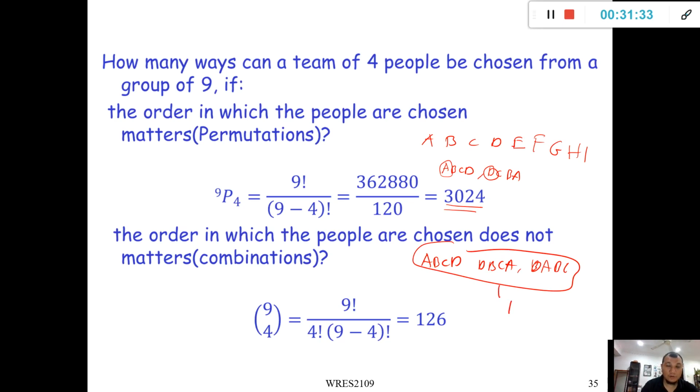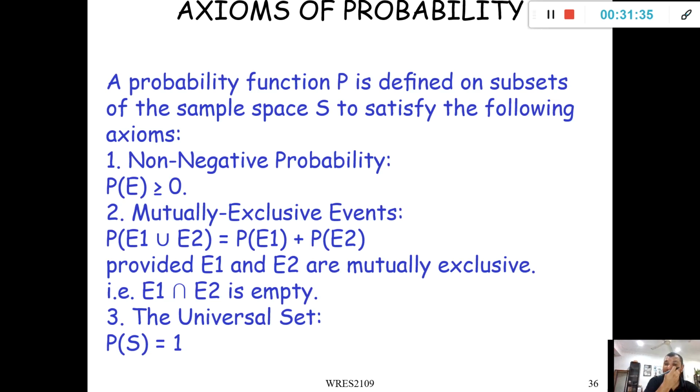Just to recall, I think you all know that. Now, the axioms of probability. The probability function P is defined on subsets of the sample space S to satisfy the following axioms. First, non-negative probability: you do not have a negative probability. Second, mutually exclusive events cannot occur at the same time.